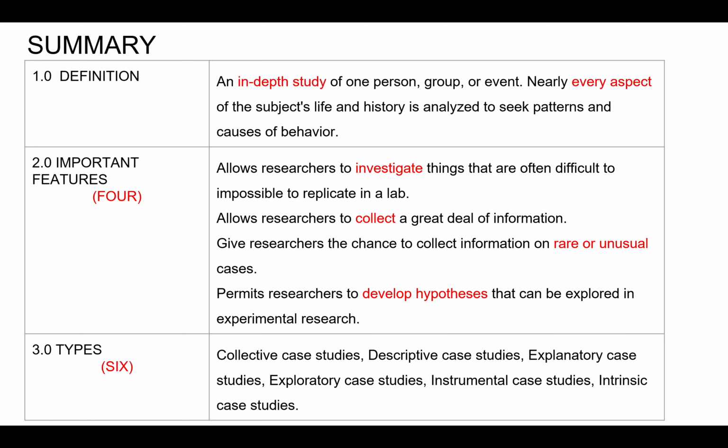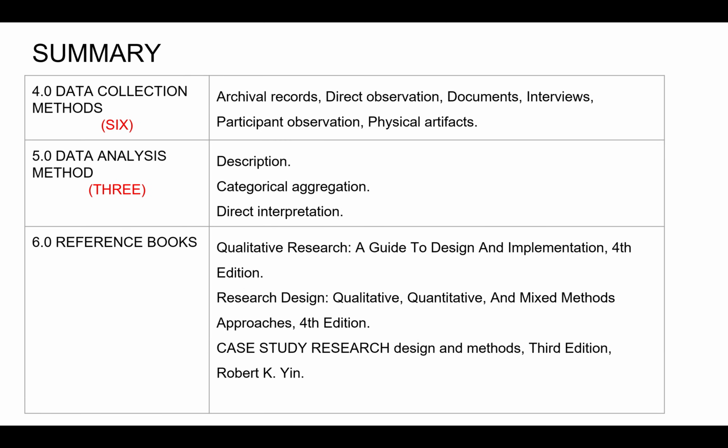There are roughly 6 types of case studies, which are collective case studies, descriptive case studies, explanatory case studies, exploratory case studies, instrumental case studies, and intrinsic case studies. We also know that both qualitative and quantitative research require collecting the data needed and analyzing the resulting data in some way to try to test our hypothesis. So it's time for the help of our 6 collection methods and 3 calculation methods.